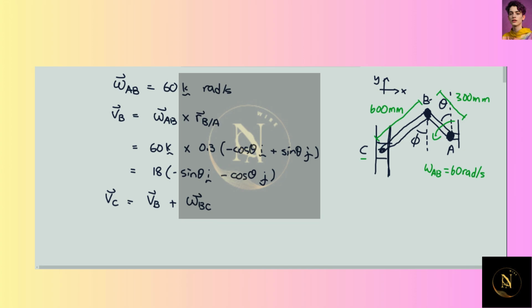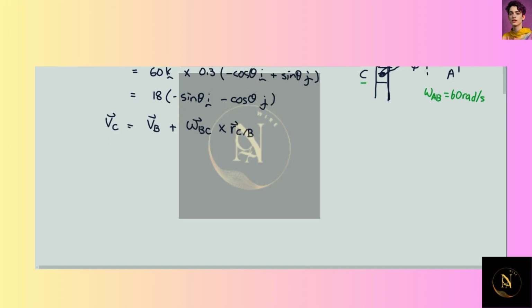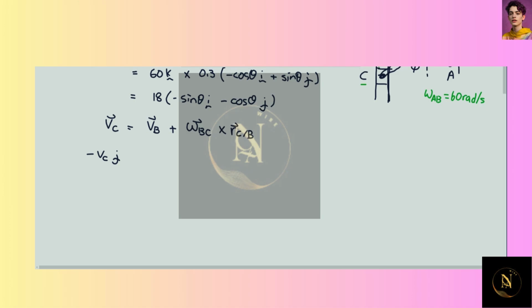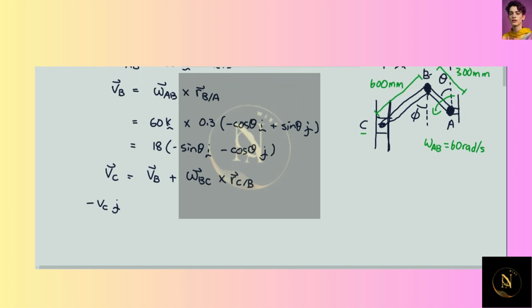vC equals vB plus omega BC cross r, the position vector of C relative to B. So here we can write down our C to be moving downward, because as the link AB rotates counterclockwise, we expect C to move down.